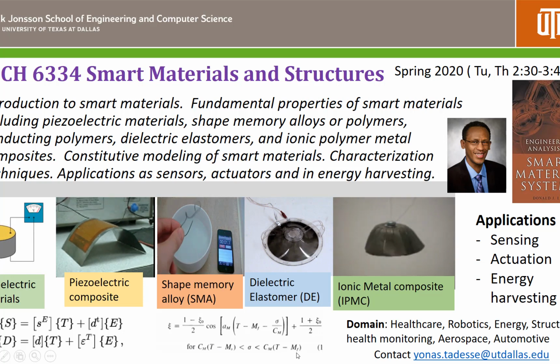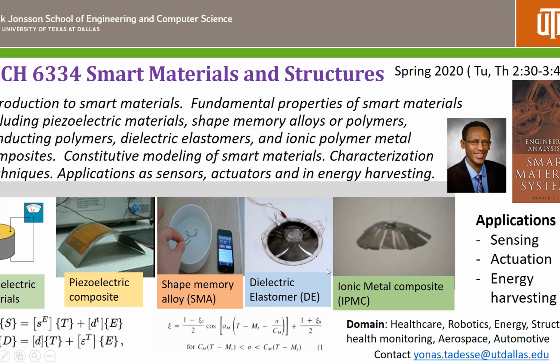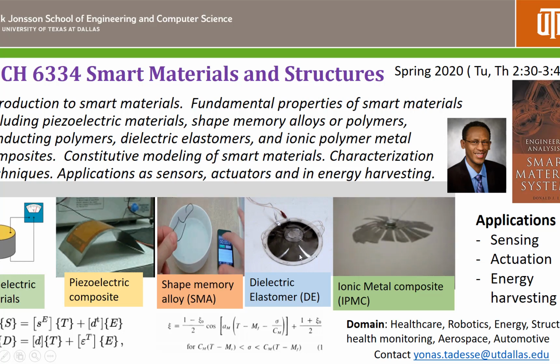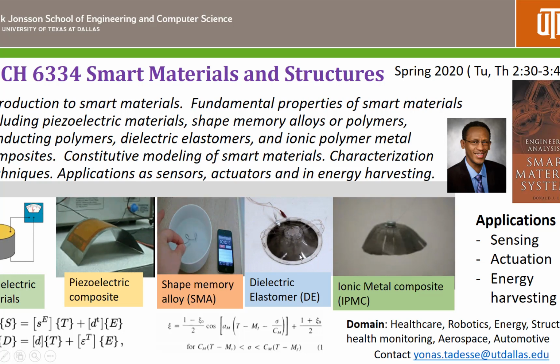All right. The other one is called dielectric elastomer, DE. This one is an elastomeric material. It can stretch more than 100% of its original shape. But this material has another structure. There is a coating on the top and the bottom. The black color that you see is a carbon black coating.